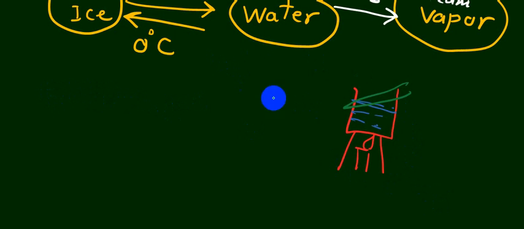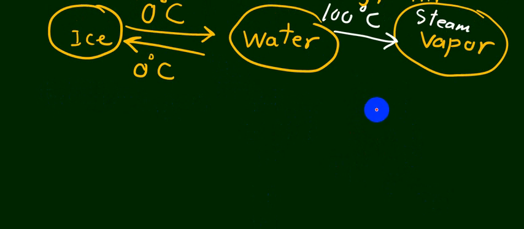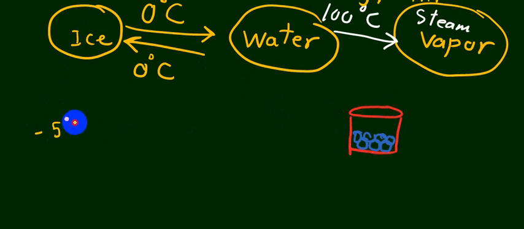But now, if you have an amount of ice, its temperature equals -5 degrees Celsius, and you put it into a flame.